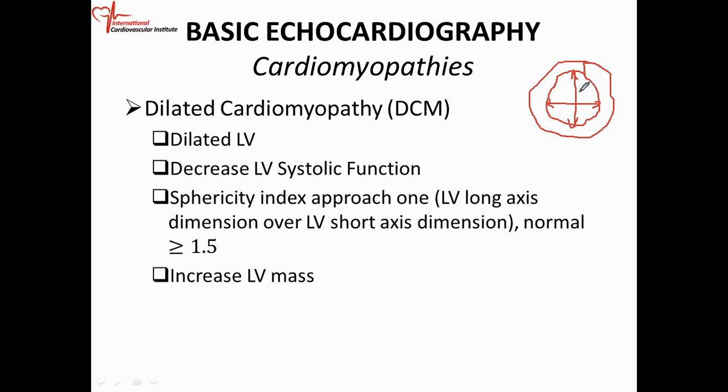So if you call the measurement of your long axis L, and the measurement of your short axis S, then call this sphericity index R. This sphericity index is equal to L over S. So in the short axis view, you measure the long axis, and then you measure the short axis.